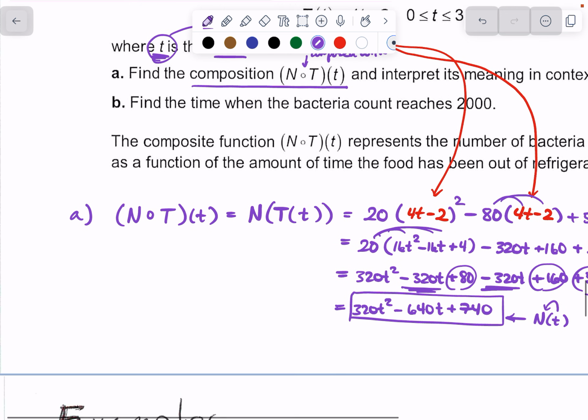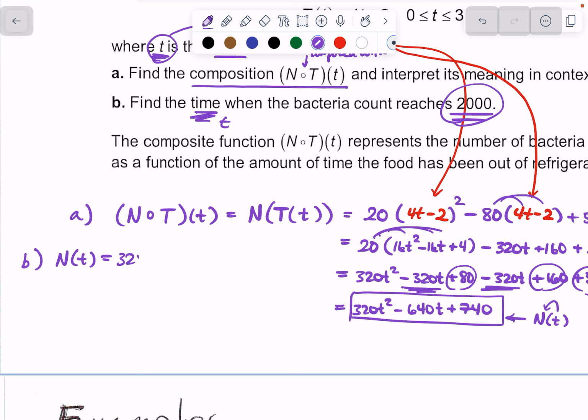B, find the time. So notice how we're finding a lowercase t, time, when the bacteria count reaches 2,000. All right, so really at this point, all we need to do is know where does this 2,000 go now, right? I have this new function, big N of little t equals 320t squared minus 640t plus 740.